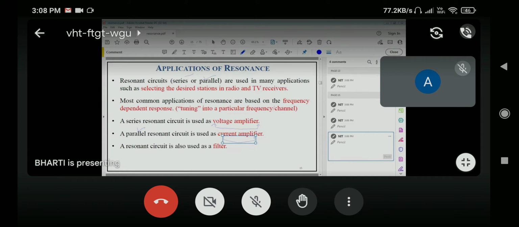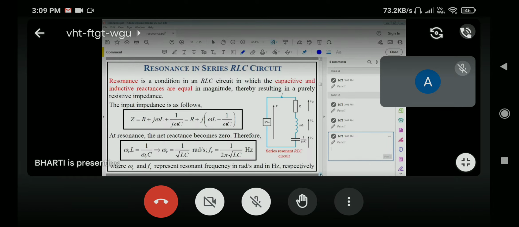Okay, so similarly, if you now come to the resonant condition in the series RLC circuit, it is when the capacitive and inductive reactances are equal in magnitude.